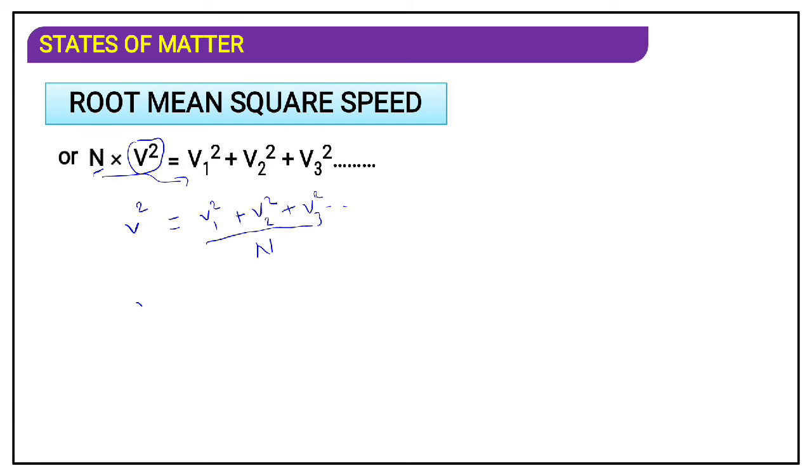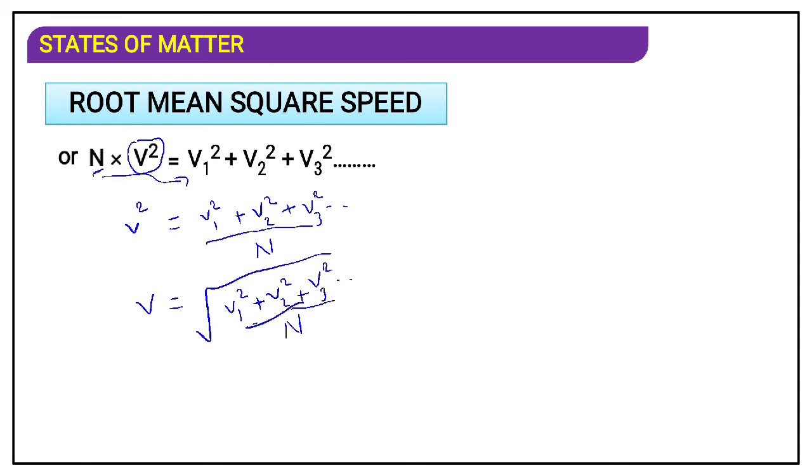Now if I want to remove the square, then v is equal to the square root of v1 square plus v2 square plus v3 square and so on, divided by n.